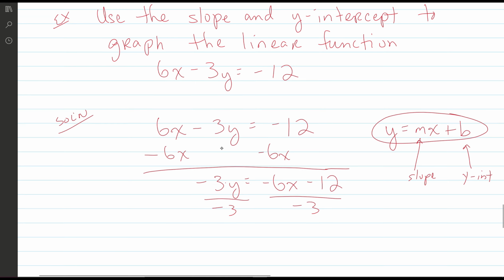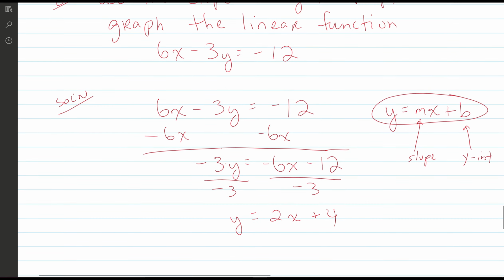So then we get y is equal to negative 6 divided by negative 3 is positive 2x, and negative 12 divided by negative 3 is positive 4. So my equation is now in slope-intercept form, right? It's the same line. 6x minus 3y equals negative 12 is the same line as y equals 2x plus 4, just in a different form. It's just changed from standard form to slope-intercept form.